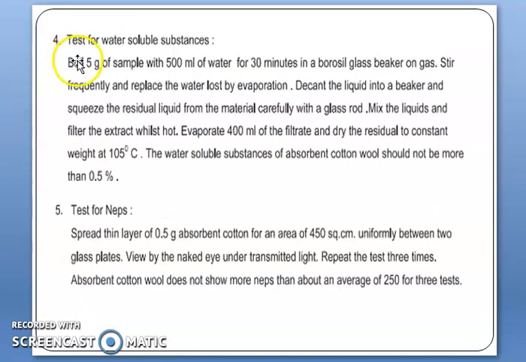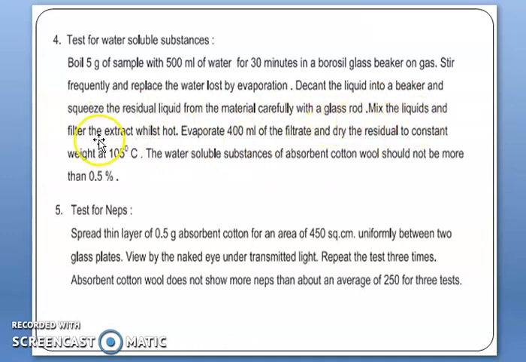Then the fourth test is the test for water soluble substances. Boil 5 gram of sample with 500 ml of water for 30 minutes in a borosilicate glass beaker on gas. Stir frequently and replace the water lost by evaporation. Decant the liquid into a beaker and squeeze the residual liquid from the material carefully with a glass rod.